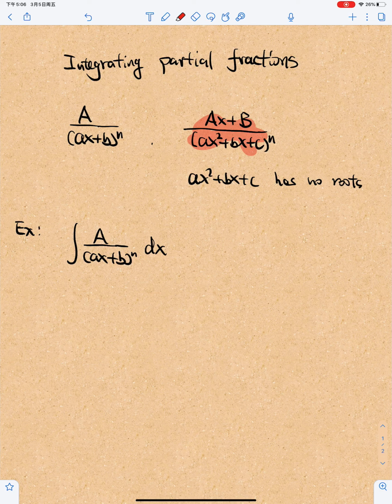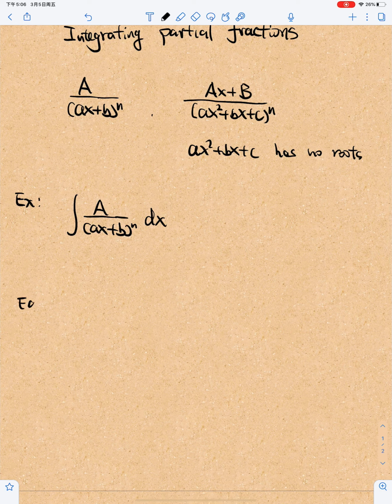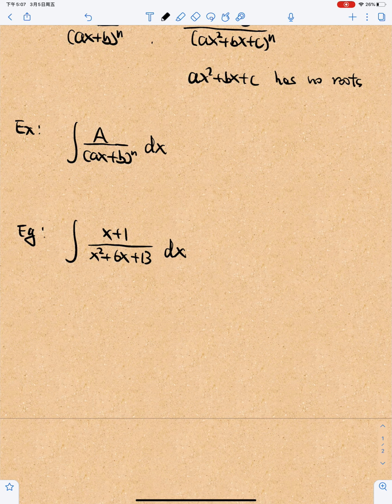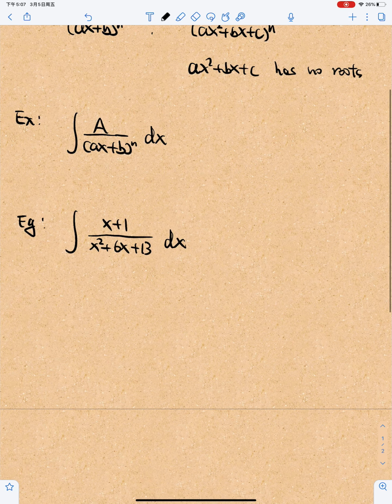We're going to start with the case where the bottom degree n is equal to 1, and let's consider the following example where we integrate (x plus 1) over (x squared plus 6x plus 13). How do we solve an integral like this? The first step is to complete the square on the bottom.